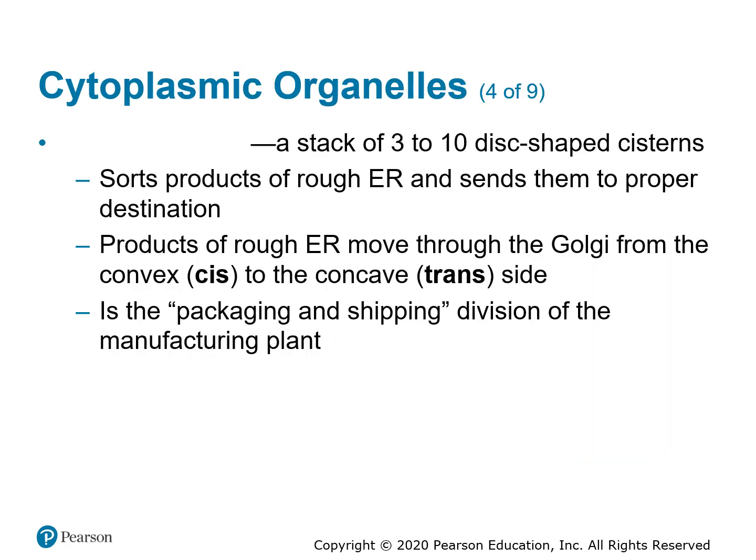Next organelle on our list is the Golgi apparatus. You can think of the Golgi apparatus as the Amazon shipping plant of the cell.